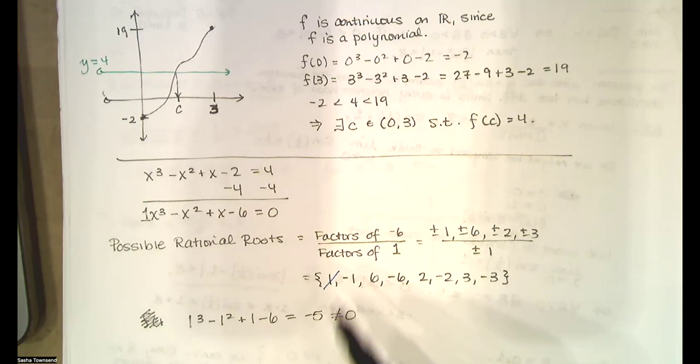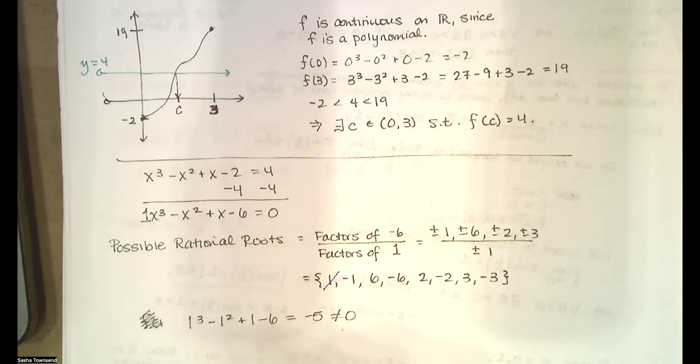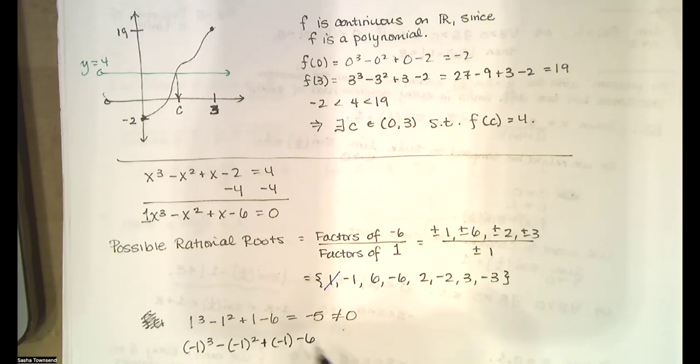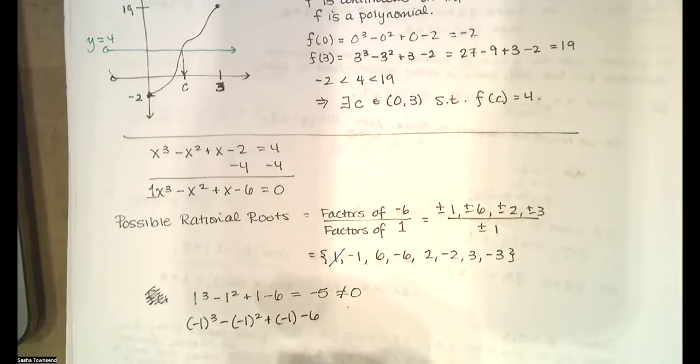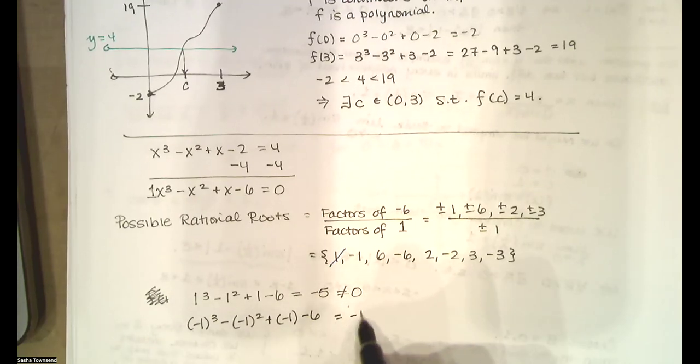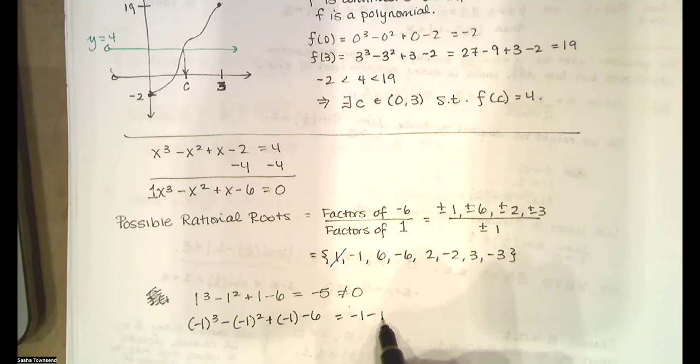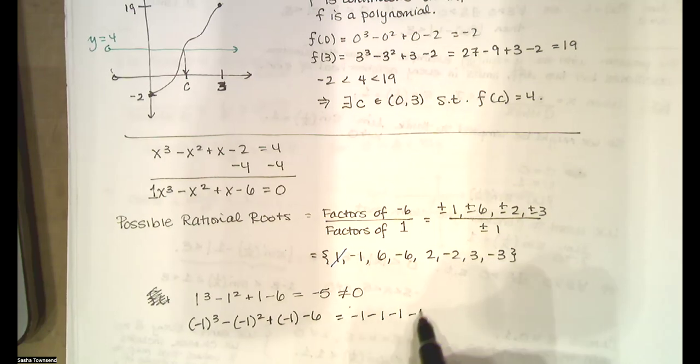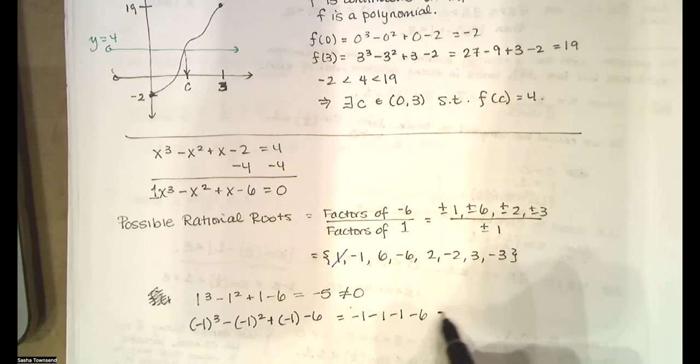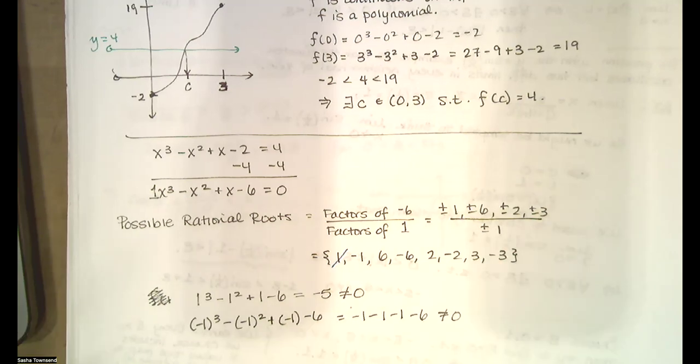We could substitute -1, but I don't think that's going to help us at all. That gives me -1, -1, -1, -6. Well, they're all negative now, so it's definitely not equal to 0. So that's not going to work.